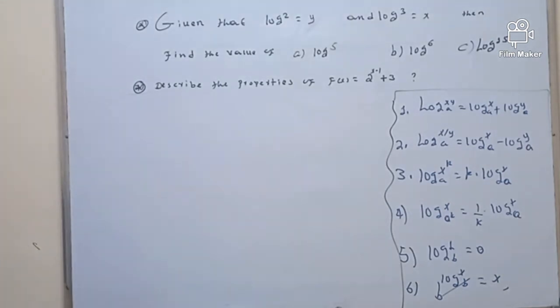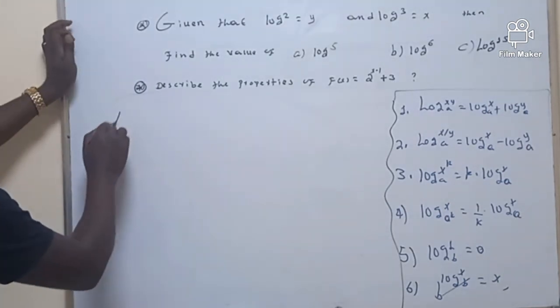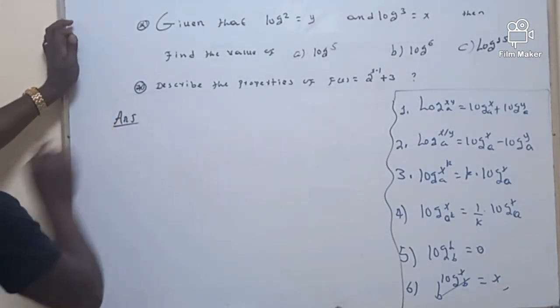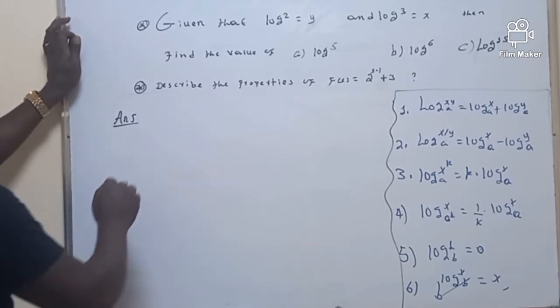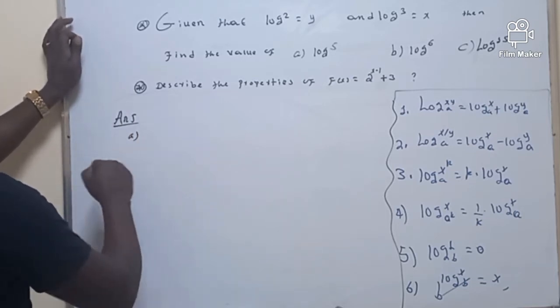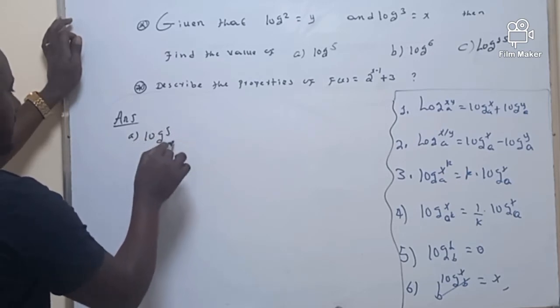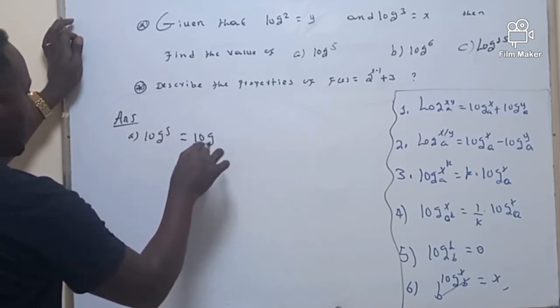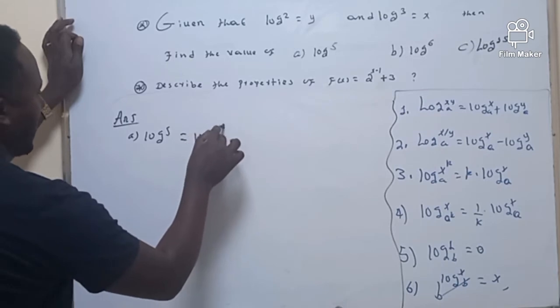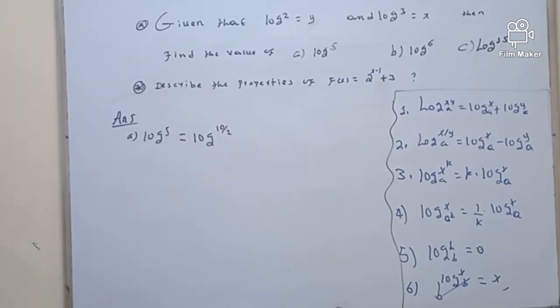Let me show you. In order to find the solution of this problem, let's first come to the solution for a. The logarithm of 5 to the base 10 is, now this is exactly 10 divided by 2.